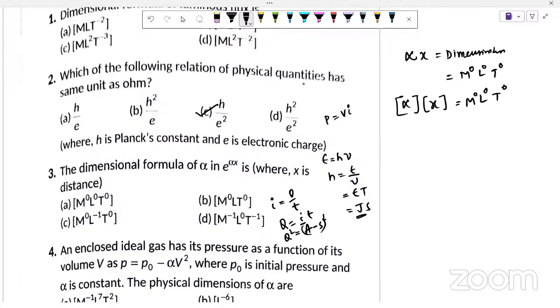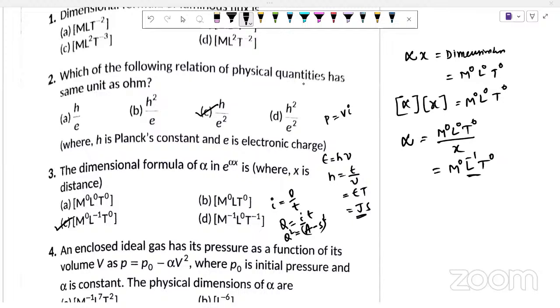I need the dimensional formula of alpha. Alpha is equal to M0 L0 T0 divided by x. That means this will be equal to M0 L power minus 1 T power 0. M0 L power minus 1 T power 0. Third option. Very good.